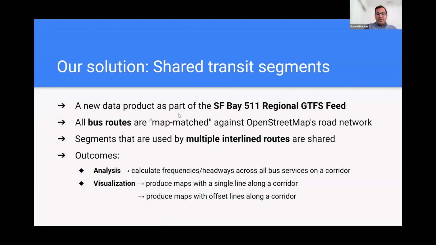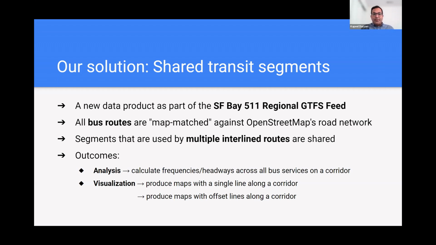That's our solution, and our goal is basically map matching these bus routes to OpenStreetMap's road network. There are multiple interlined routes that these segments represent. And the outcome is that we would be able to calculate frequencies and headways from all this information, and then provide it as a single line, or offset those lines along the corridors.